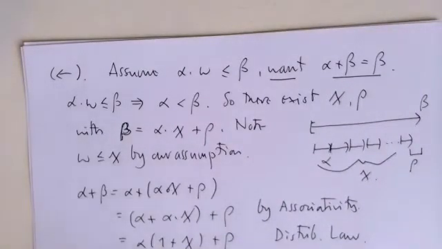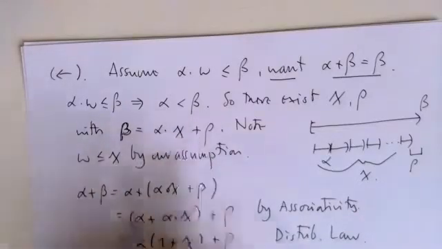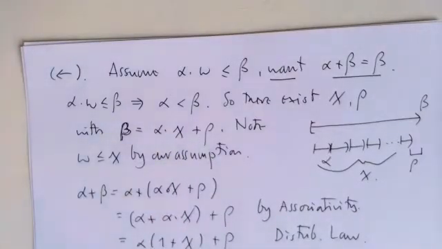Is this using corollary 343? Could be. I mean, I'm using the result that I can find beta as this quotient and remainder.